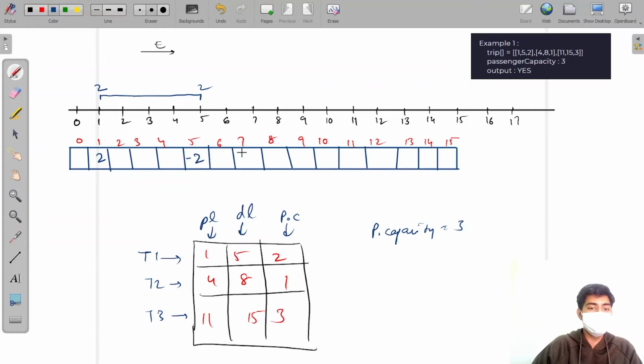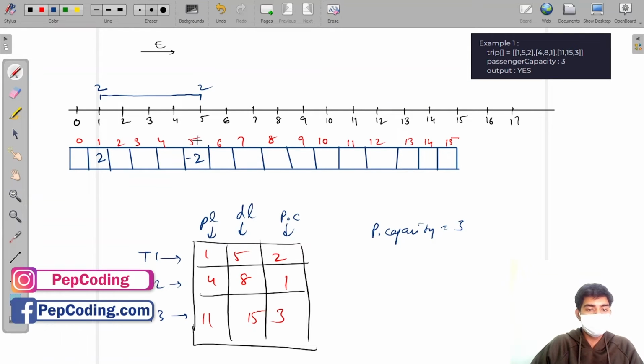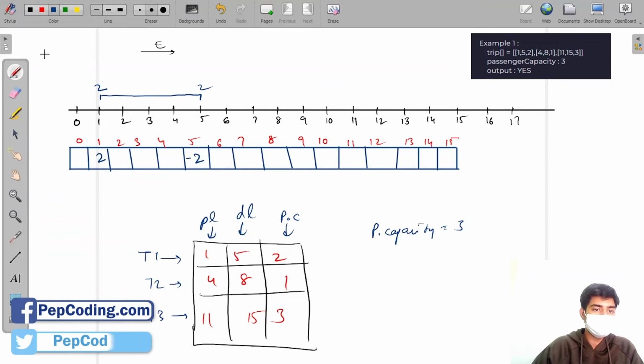We are discussing the what and how of this question now. We'll discuss the why it is happening later. So I pick up 2 people at 1 and I drop off 2 people at 5. At 1, I write 2. At 5, I write minus 2.